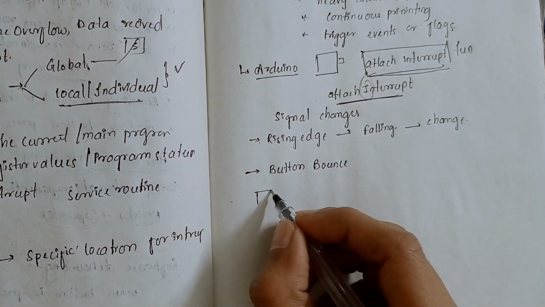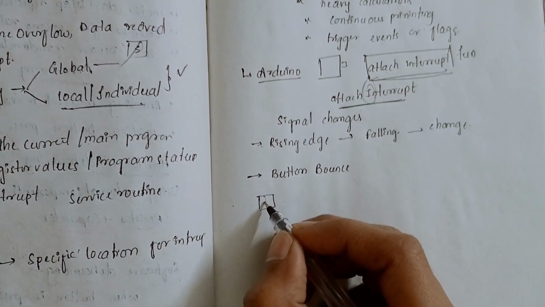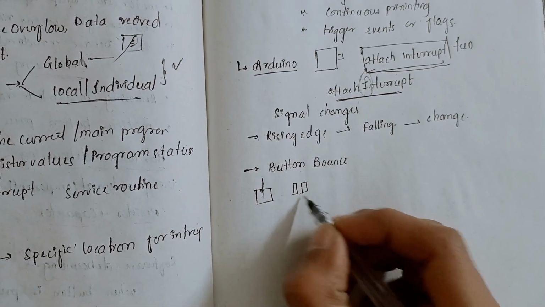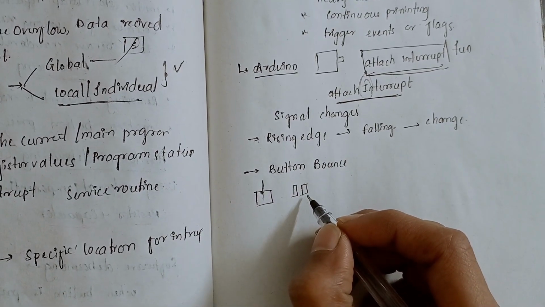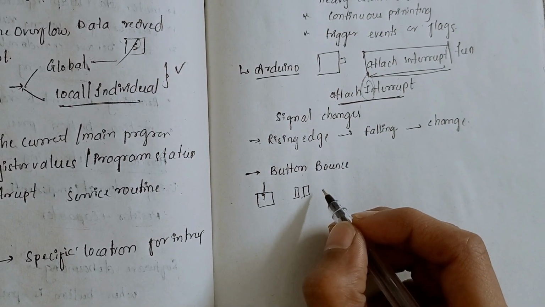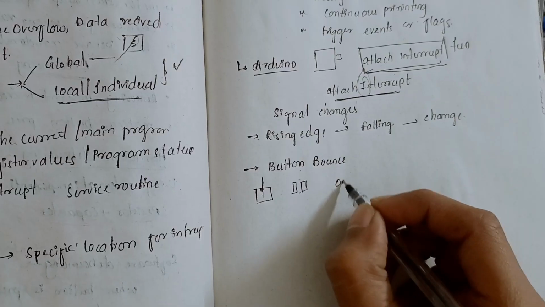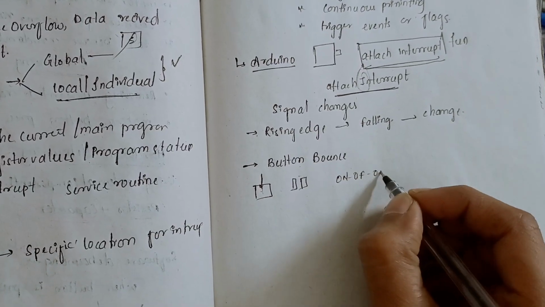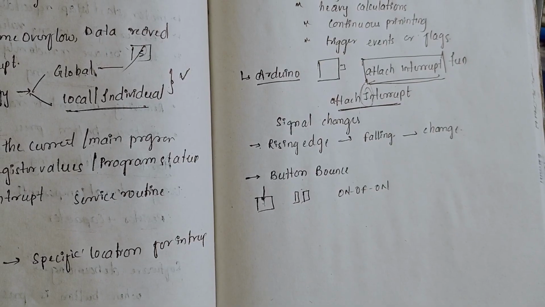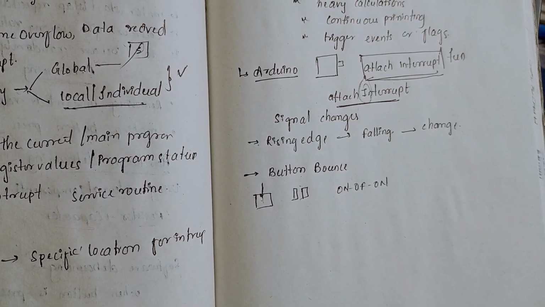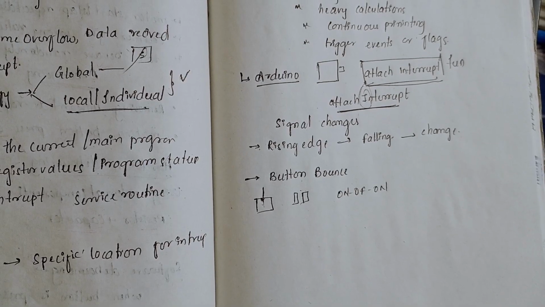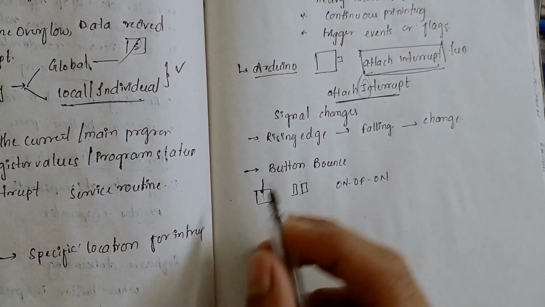Here, when a button is pressed, the metal materials inside vibrate continuously and provide a continuous signal which is difficult for the microcontroller to understand, which makes the system notice multiple interrupts for a single press. This is called button bounce.